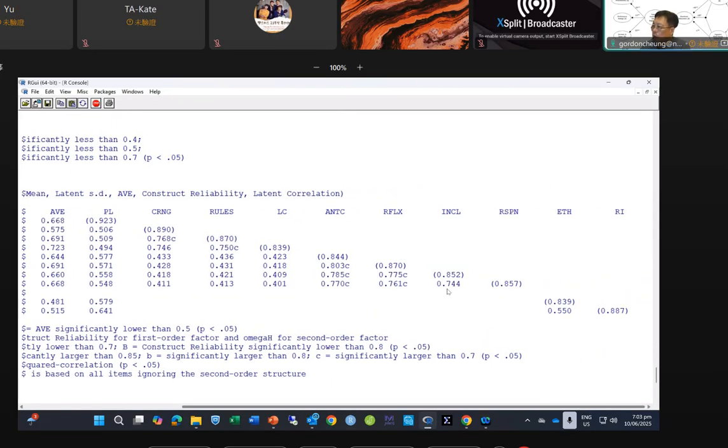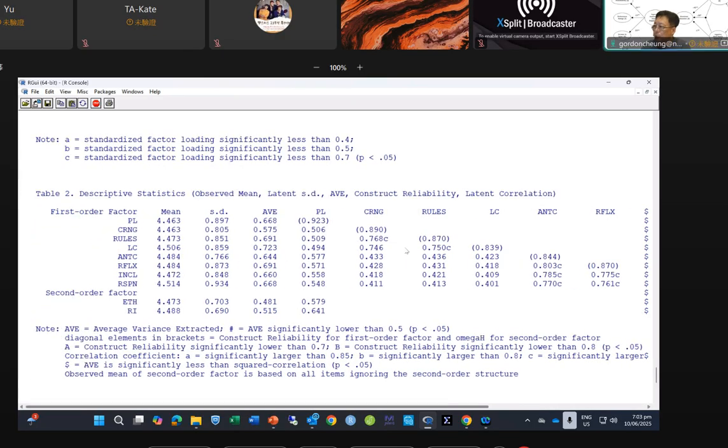Discriminant validity, we will look at the correlation matrix. Do you see there are some subscript C next to the correlation coefficients? Yes. Now let's first look at this part. There's a subscript here, CLNG and rules with LC. These three, CLNG, rules, and LC, are actually the 3 dimensions of ETH, right?